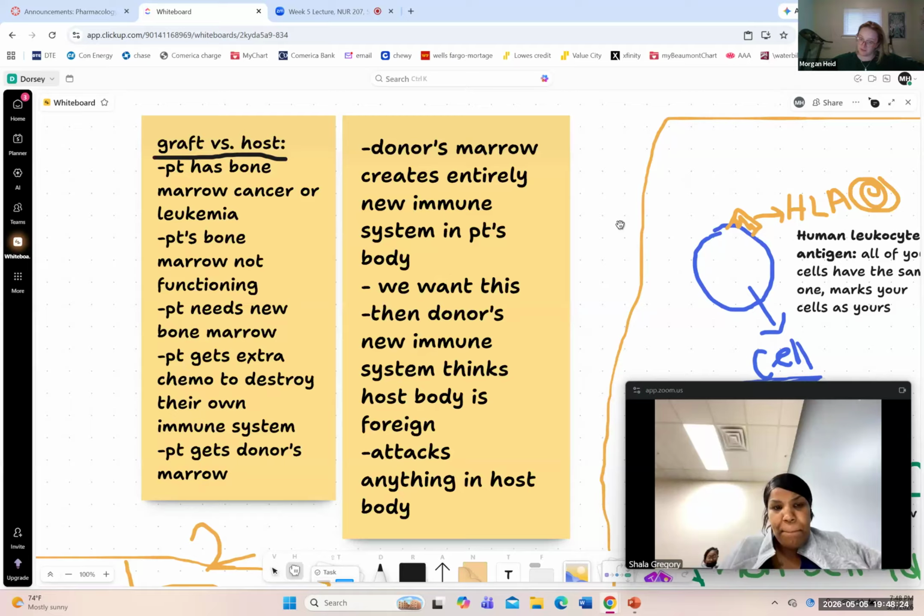We implant it, and it's going to slowly build back up a healthy immune system so that my patient doesn't die from having no immune system. So basically, we took the crappy one, killed what was left, and then gave him a whole new one. Does that make sense?